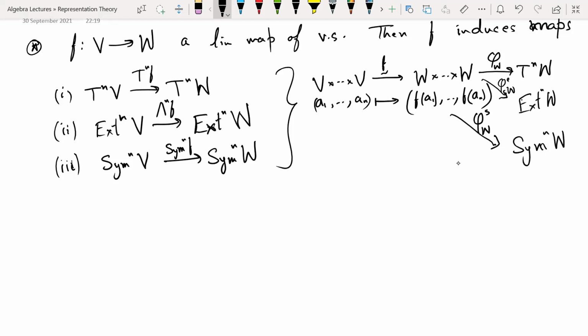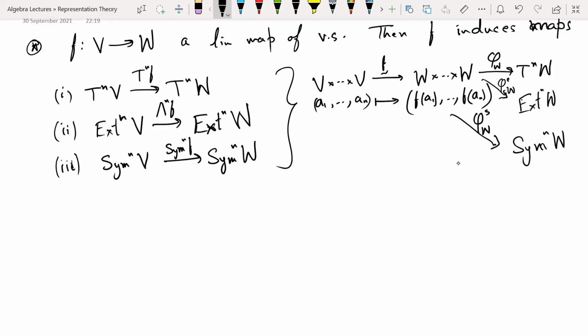So you get these maps at each of these levels, and if you combine all this, you'll get the map at the tensor algebra level, the exterior algebra level, and the symmetric algebra level. So in the language of category theory, T^n, Ext^n and Sym^n are functors, tensor functors from vector spaces to vector spaces.